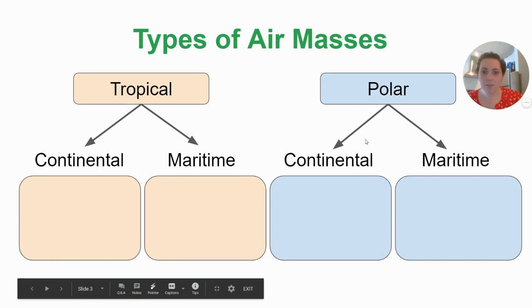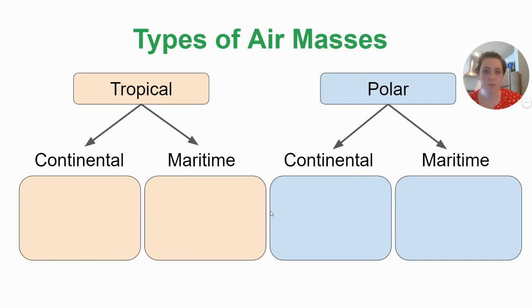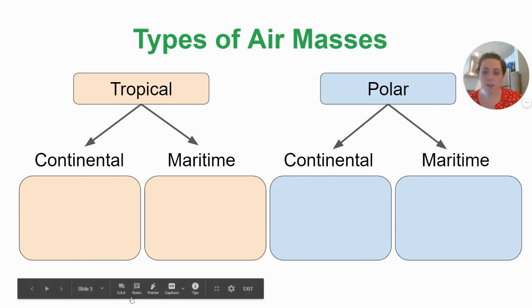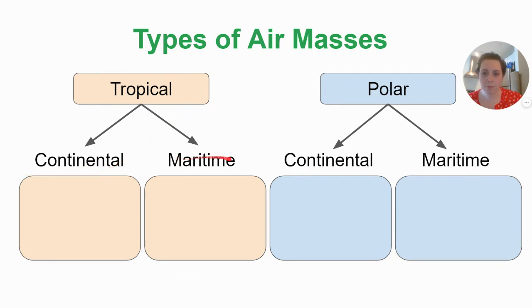So you guys have this little graphic organizer to go through those 4 types of air masses. We can have tropical continental, tropical maritime, polar continental, or polar maritime. Okay, those are 4 different types.